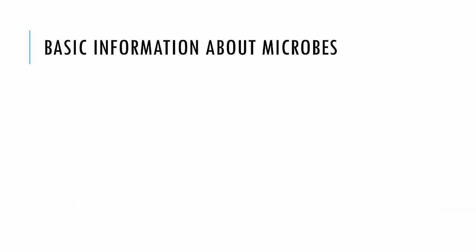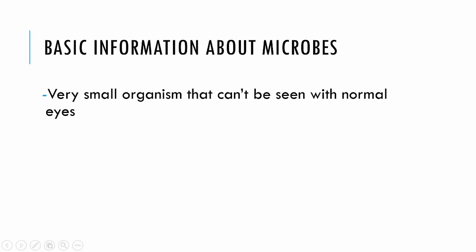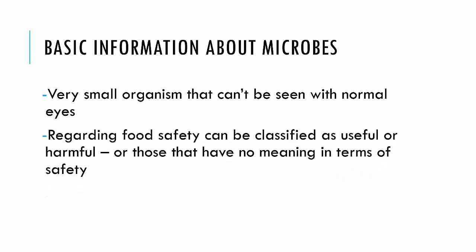Then to basic information about microbes and how they affect our food safety. In general, microbes are very small organisms that we can't see with our normal eyes. They can be divided in terms of food safety into 3 categories. Those that are useful to us, we for example use them when making the food.